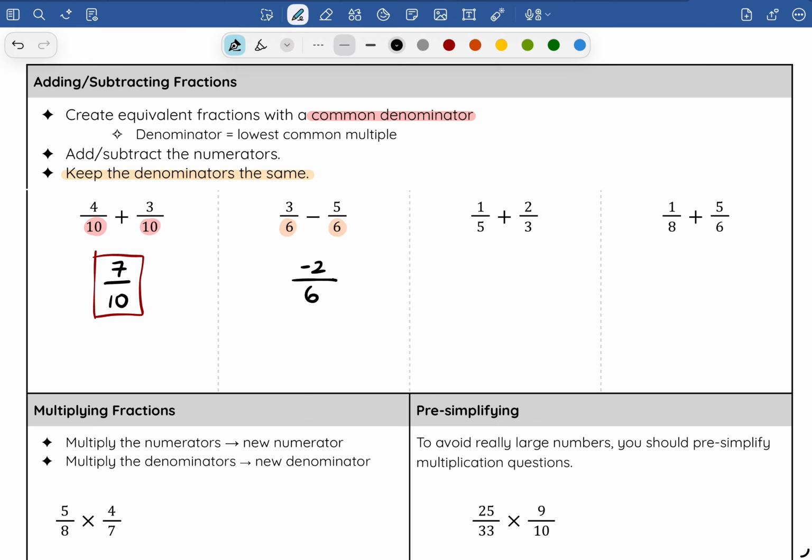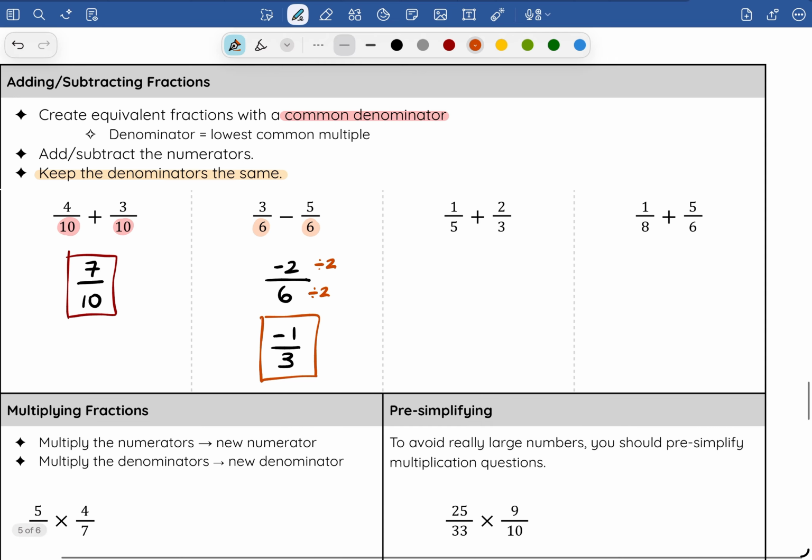Am I done? No. What can we simplify by? Excellent. So we should get negative 1 over 3. And again, I don't really care if you have the negative sign on the top or in the front or even technically the bottom if you're feeling crazy. It's the same thing. So I'm just going to leave it at the top there.